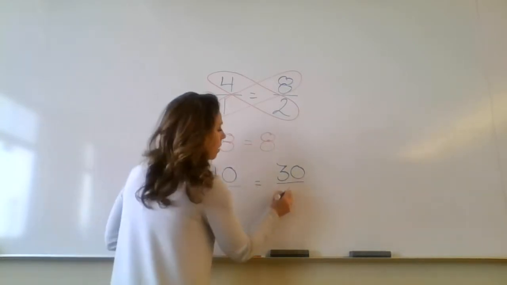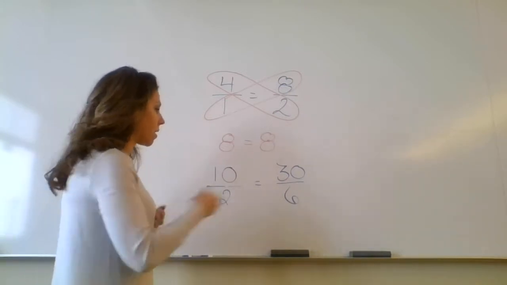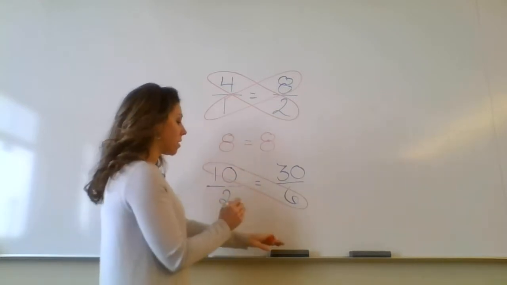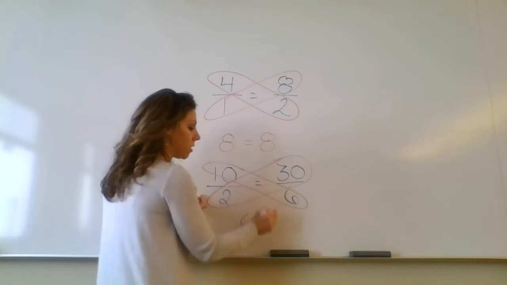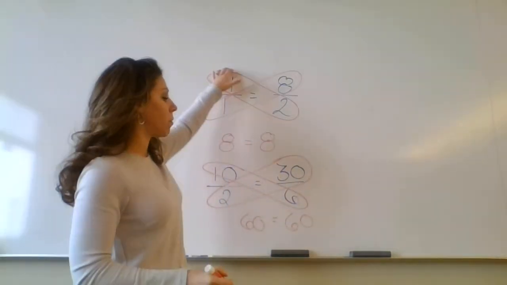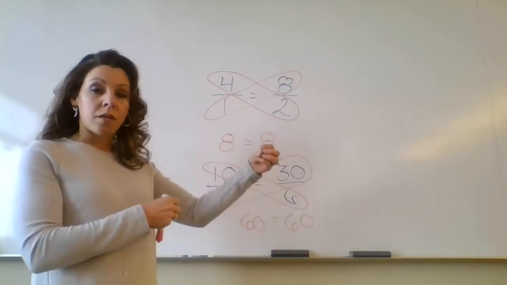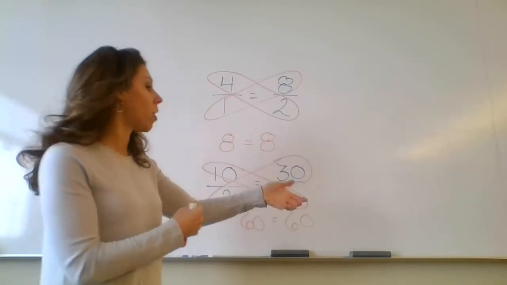And that was 6. So we can use this example to show that, again, 10 times 6 multiplying diagonally is 60, as well as 2 times 30 is also 60. So we can see the relationship that when we cross multiply, we end up with equal products. We call them equal cross products.